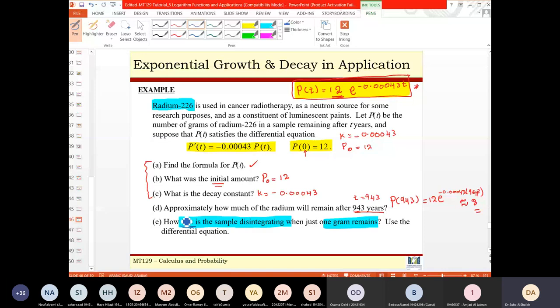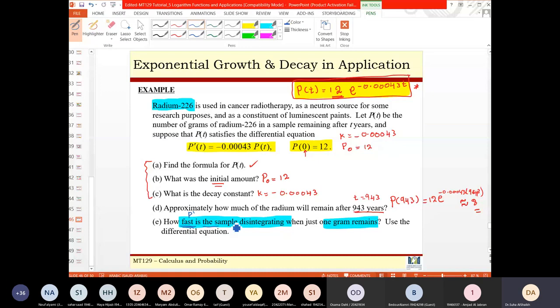When I ask about the speed, I'm talking about the derivative. Isn't speed the derivative? Yeah. So how fast? I'm talking about the P dash. When he says how fast, I'm talking about P dash.